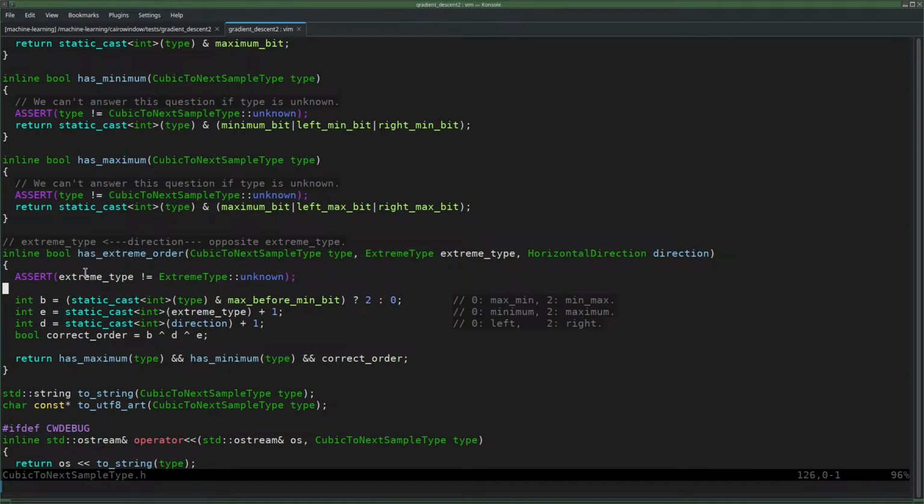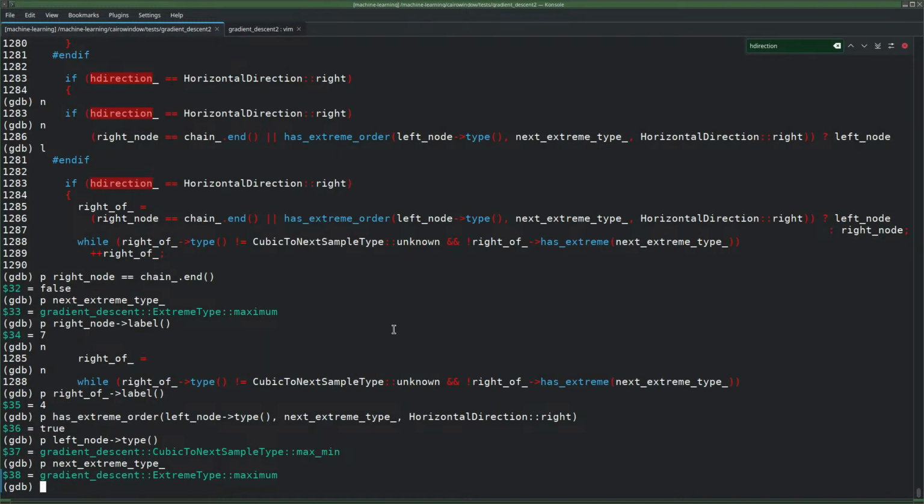I guess I'll just have to set a breakpoint here, right? Should do that. Okay.